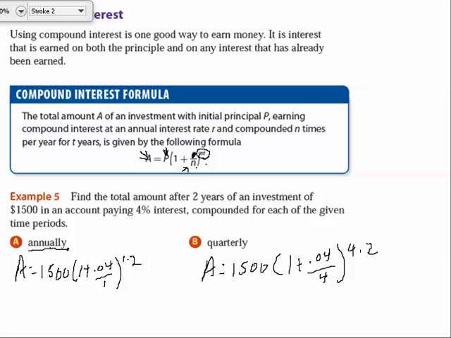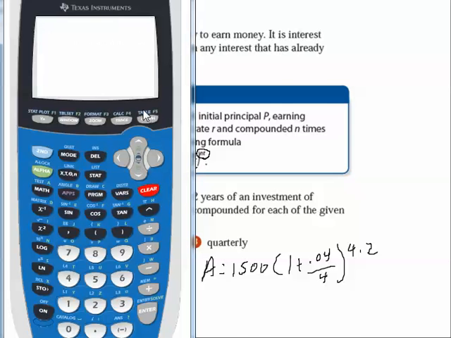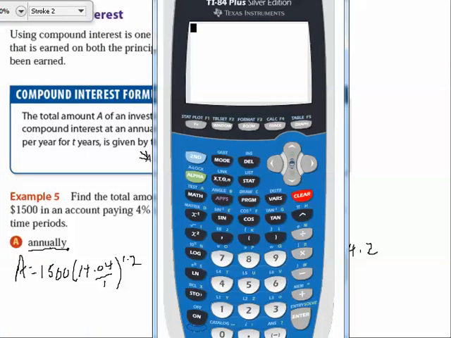So, my question to you is, which one do you think is going to be more? Let's actually try to work these out on the calculator and see which one would be more, just to show you what's going on here. 1,500 times, parenthesis, 1 plus 0.04 divided by 1, parenthesis, raised to the 1 times 2 power. I'm just making certain I get everything in here.